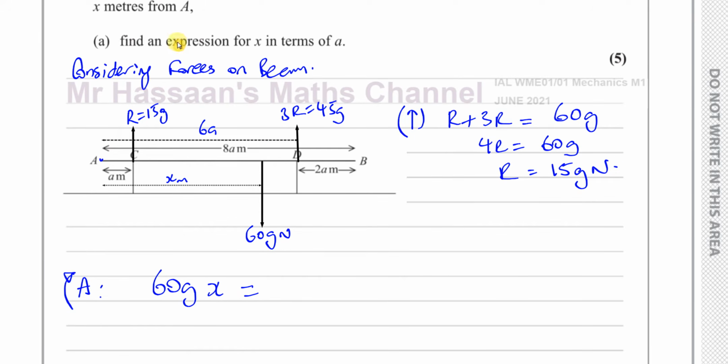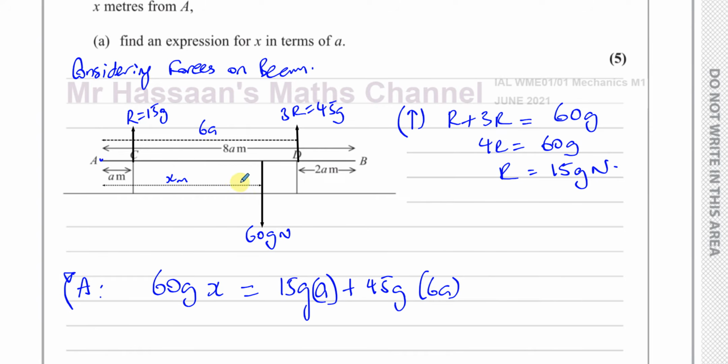Be very careful about the G. And then you've got 45G times 6a. This is the force and this is the distance. That's the moment of these forces about A.